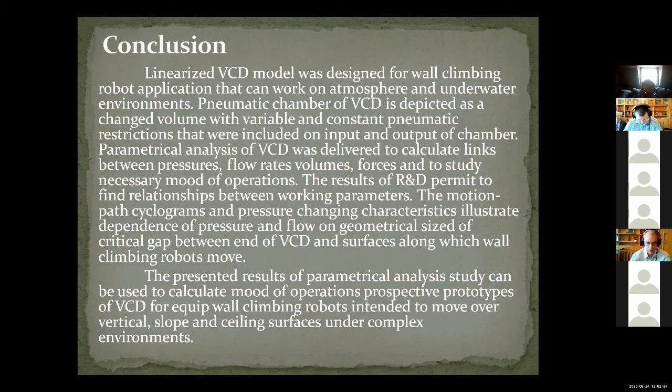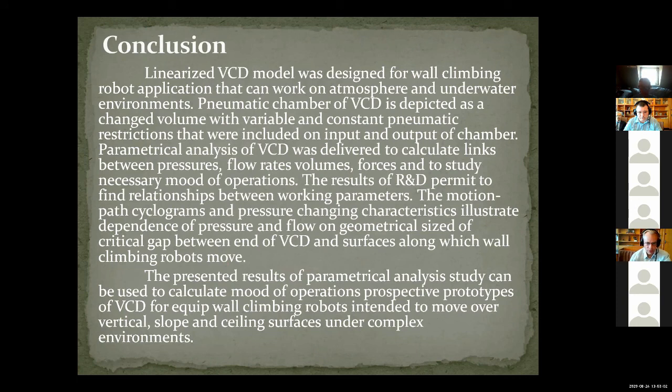The results of research and development permit finding the relationship between working parameters. The motion path cyclogram and pressure changing characteristic illustrate the dependence of pressure and flow on geometrical sizes and on the critical gap between the end of the vacuum contact device and surfaces along which wall climbing robots move.